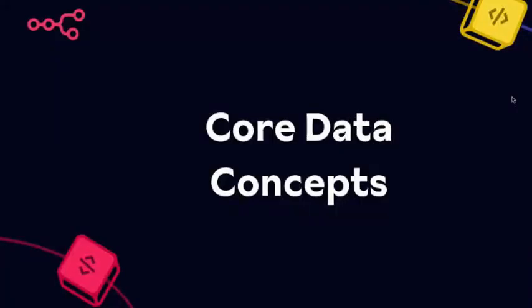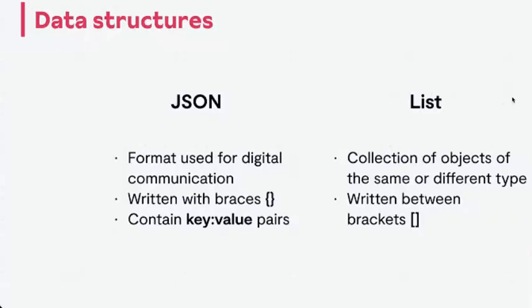Let's start by explaining some core data concepts that you need to understand to make the most out of n8n. There are two main data structures that we are going to take a look at today. The first one is what we call a JSON, and the second one is a list. JSONs are a very common way of storing data digitally and are written between braces or curly brackets.